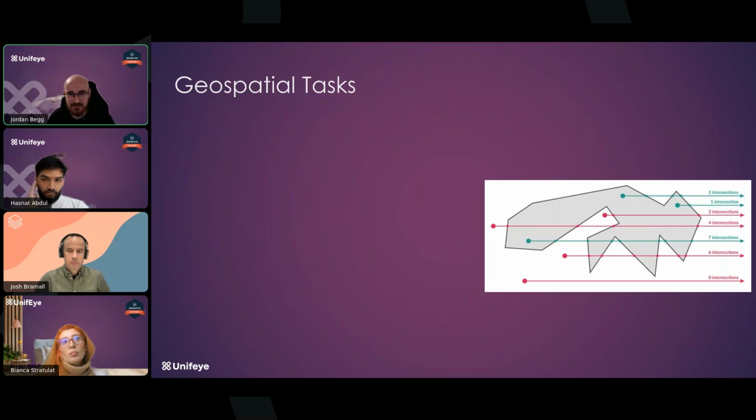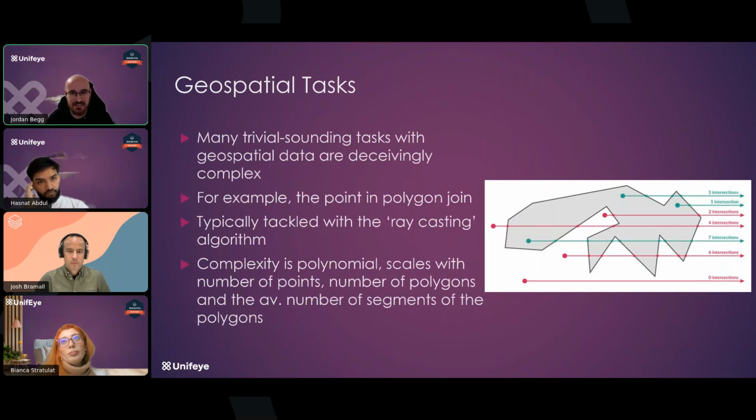Thank you. Around some of the tasks that you might have to complete with geospatial data, there are quite a few that might sound quite simple when you first conceive of them, but in practice they become quite complicated. So one typical task that you might have to perform is you have points and you have some polygons, and you want to know if the points are inside the polygons.